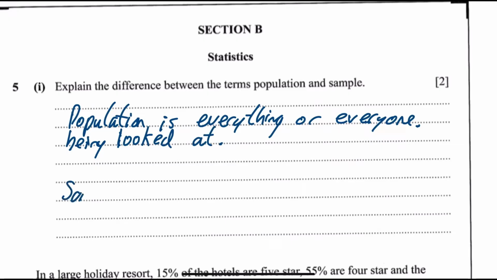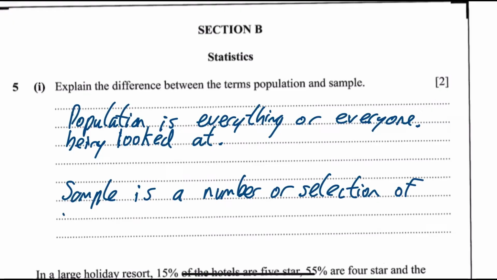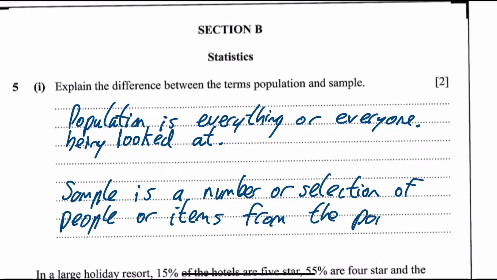But a sample, it's not possible to look at everyone, so a sample is a number, say, or selection of people or items from the population. Okay, so nobody likes these sort of waffly questions, but there we are.